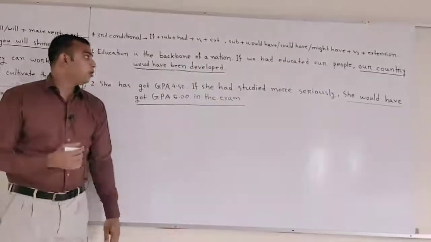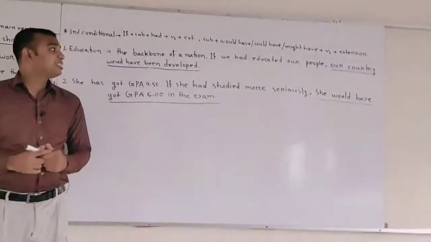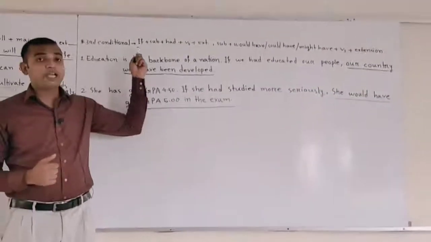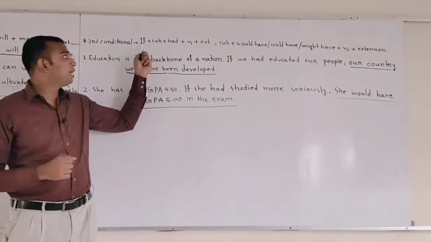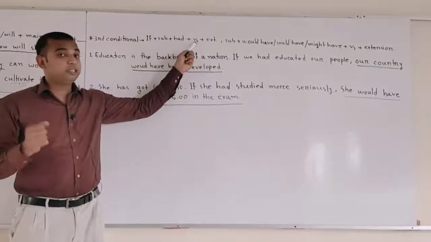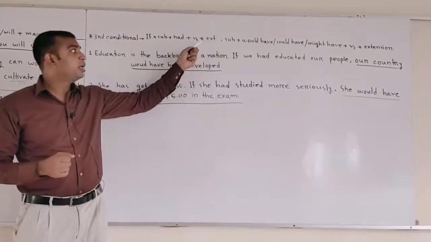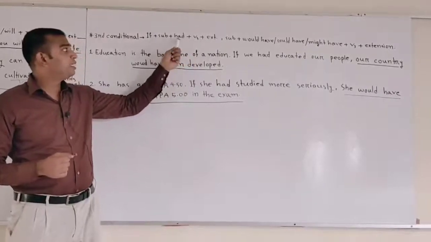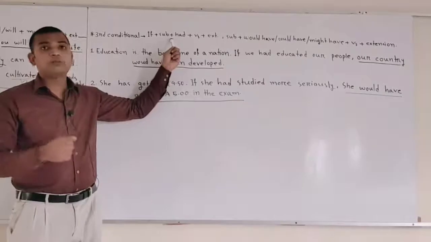Dear students, look here, I have written a third conditional sentence. Third conditional: when the clause begins with if and then you find subject had verb 3, that means past participle form, then extension, that means the sentence is past perfect tense.